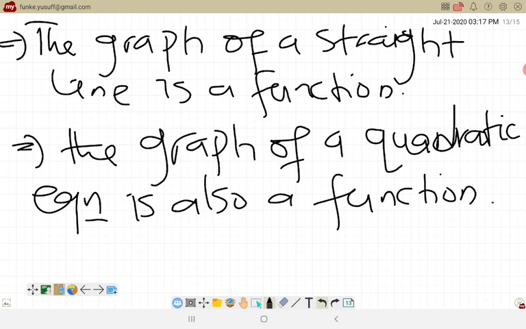The graph of a polynomial equation is also a function. So when you draw a vertical line across these graphs, it will cut the graph only at one point. That is, for every value of x, there is a corresponding value of y. So the straight line is unique, and the parabola for a quadratic equation is also unique. Another example.